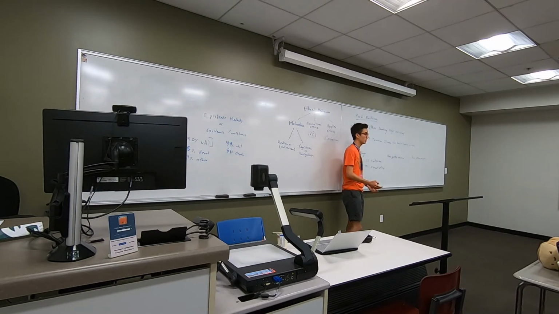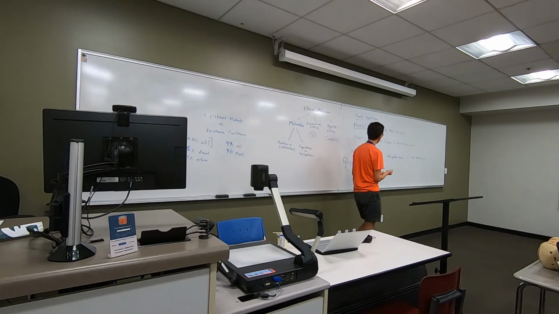If I were to hold up my hands, I would not have any reason to doubt that my hands are in front of me, even though I can't deductively prove that I am not in a dream or in a simulation. We don't have reason to doubt our intuition that my hand is in front of me. In the same way, we don't have reason to doubt our moral intuitions about things like murder being wrong.